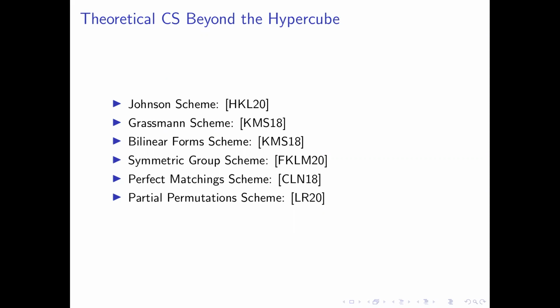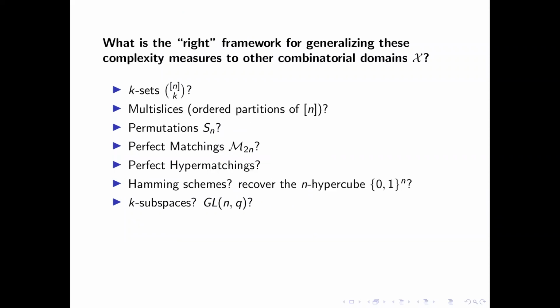I won't go into the details of everything in these references. If you want to know more, you can cross-reference the arXiv paper. But I don't want to belabor that point too much.